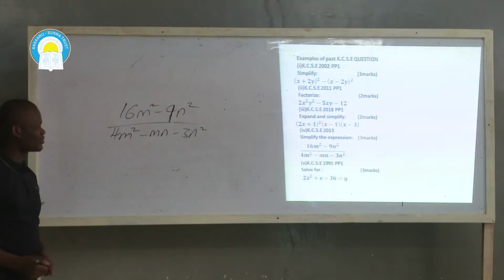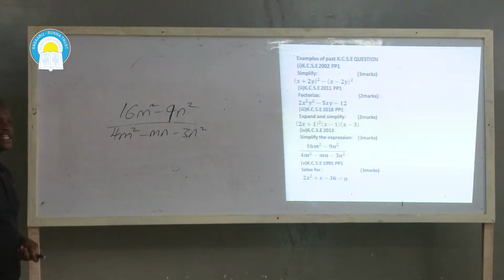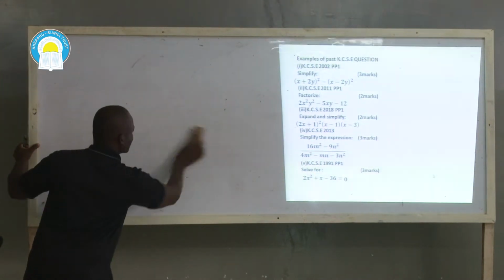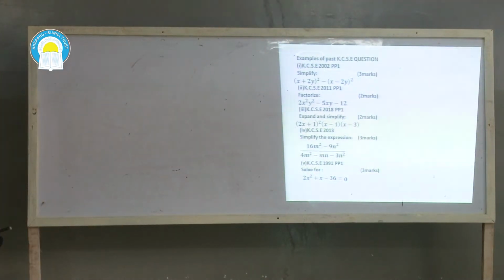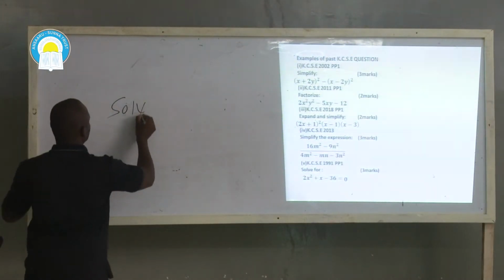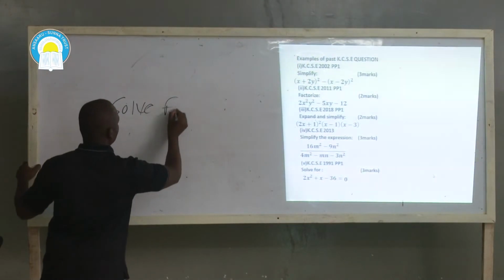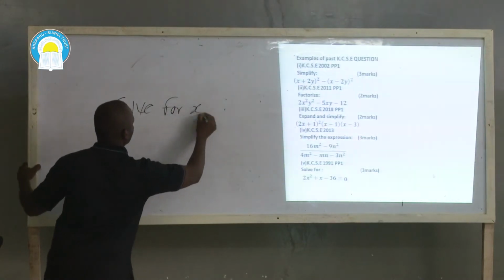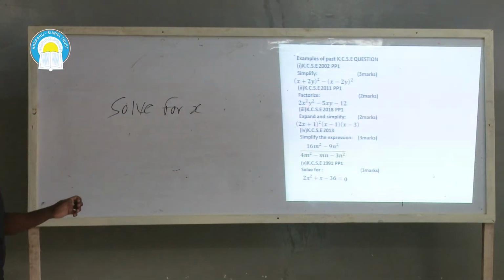Now, we look at the last question in KCSE 1991. Again, paper 1. What is the question there? Solve. So 1991, paper 1, the question was solve for x.